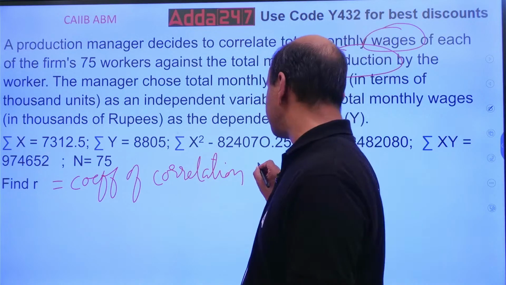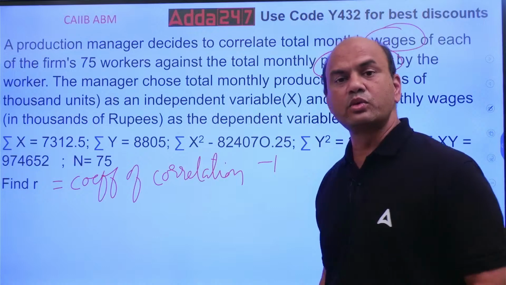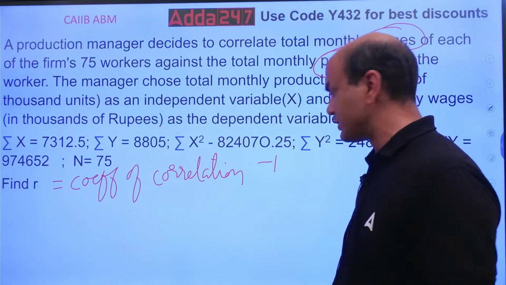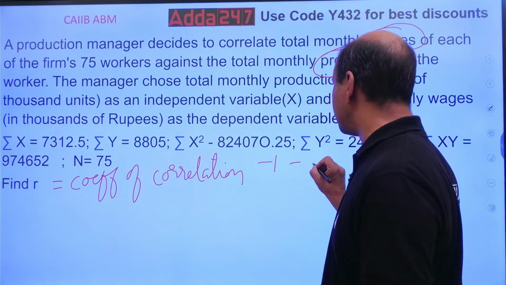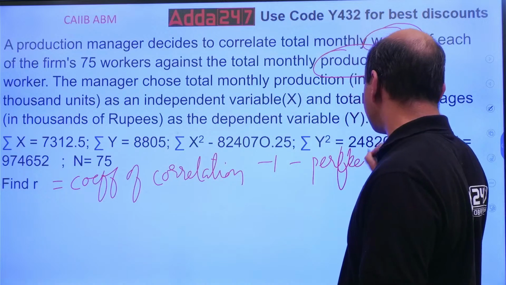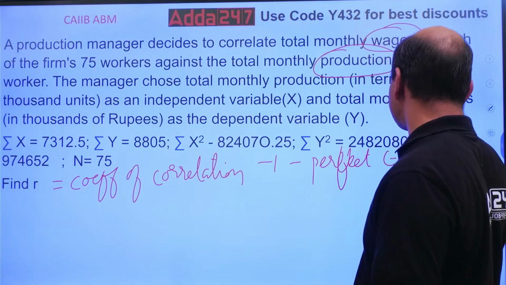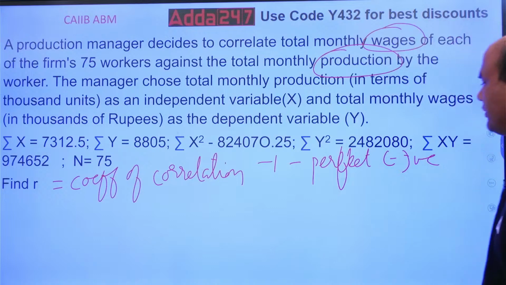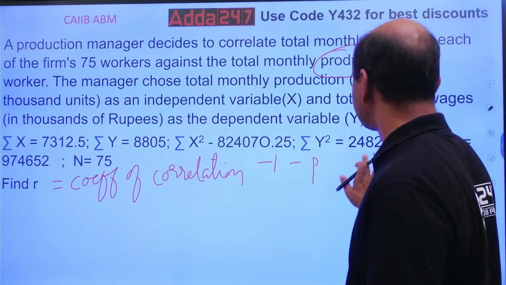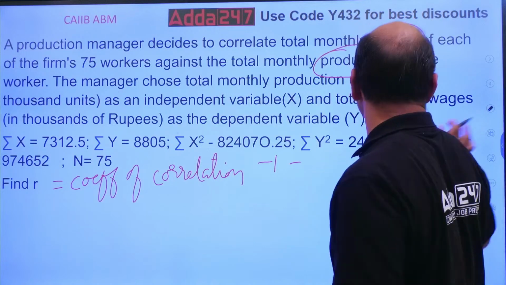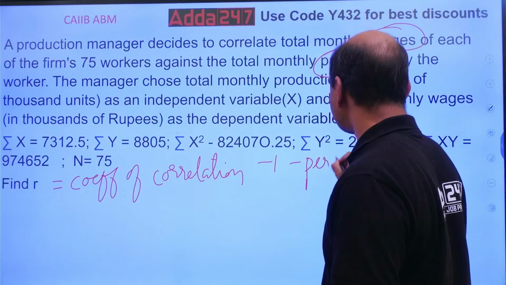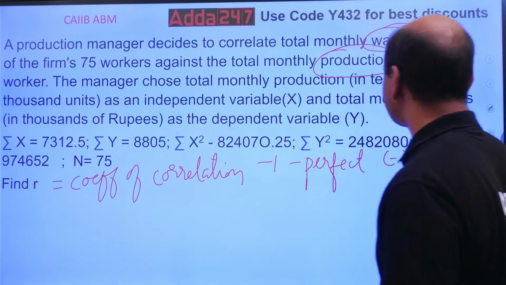If R equals -1, then the two elements X and Y are negatively correlated and perfect negative. Kindly note this, perfect negative.